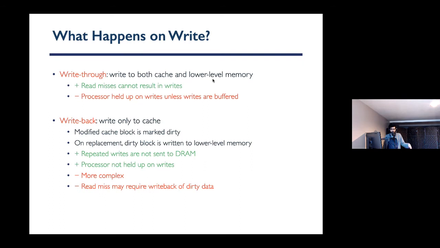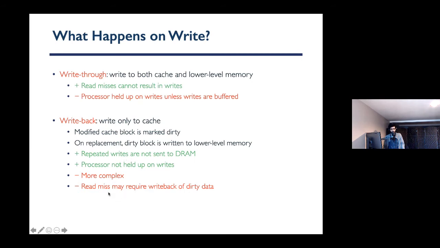Now, later on, if you ever want to evict this cache block, then you have to write it in the memory. So on evictions, you have to pay the cost. In write through, you're paying the cost on the write. In this one, you're paying the cost on evictions.